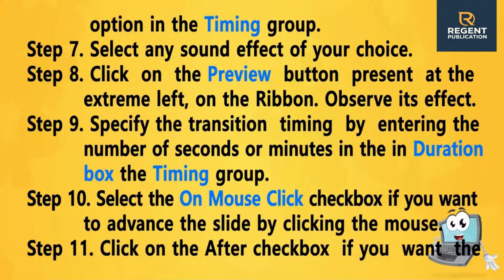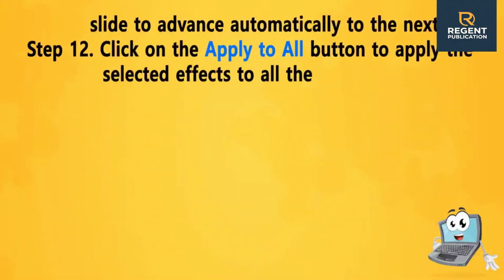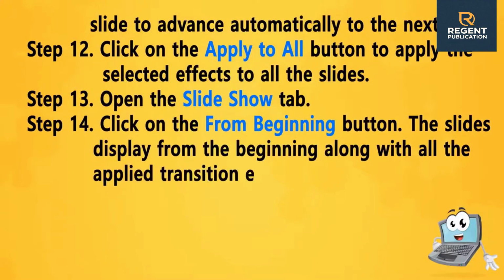Specify the transition timing by entering the number of seconds or minutes in the Duration box in the Timing group. Step 10. Select the On Mouse Click checkbox if you want to advance the slide by clicking the mouse. Step 11. Click on the After checkbox if you want the slide to advance automatically to the next one. Step 12. Click on the Apply to All button to apply the selected effects to all the slides.